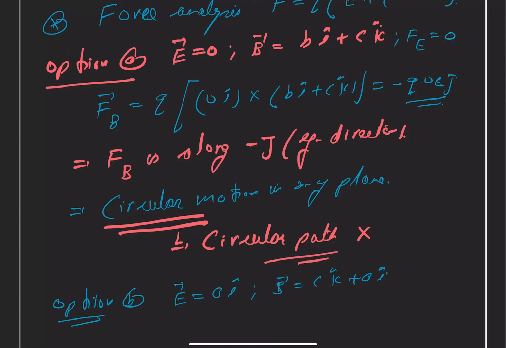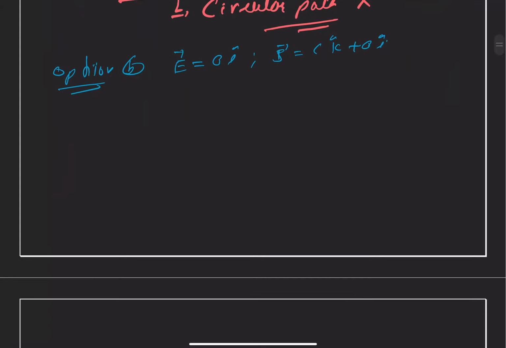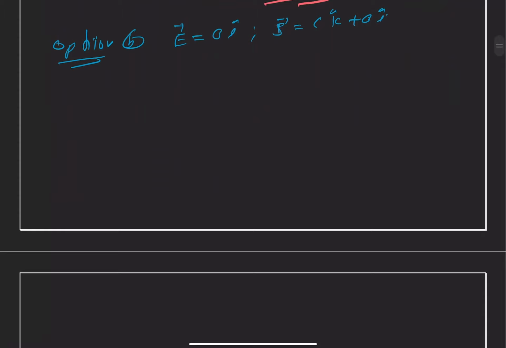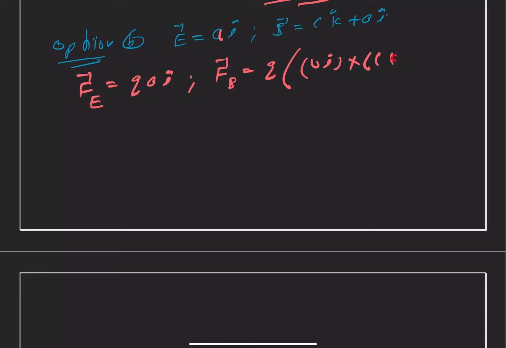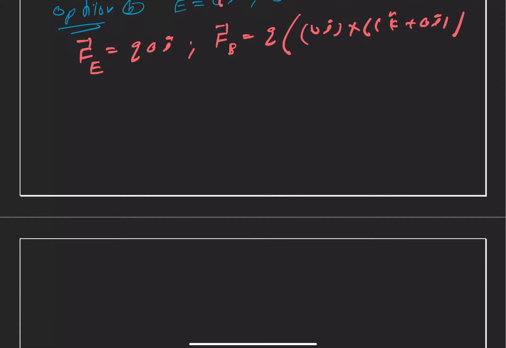So now the electric force will be equal to QAi and our magnetic force will be equal to Q, we have our Vi cross product Ck and Ai, and this gives us that magnetic force will be equal to minus QVCj unit vector.